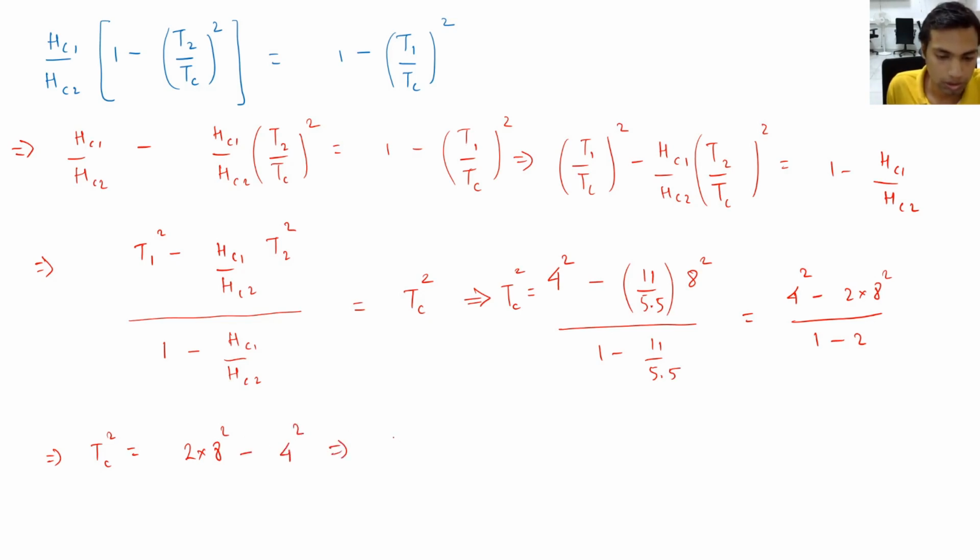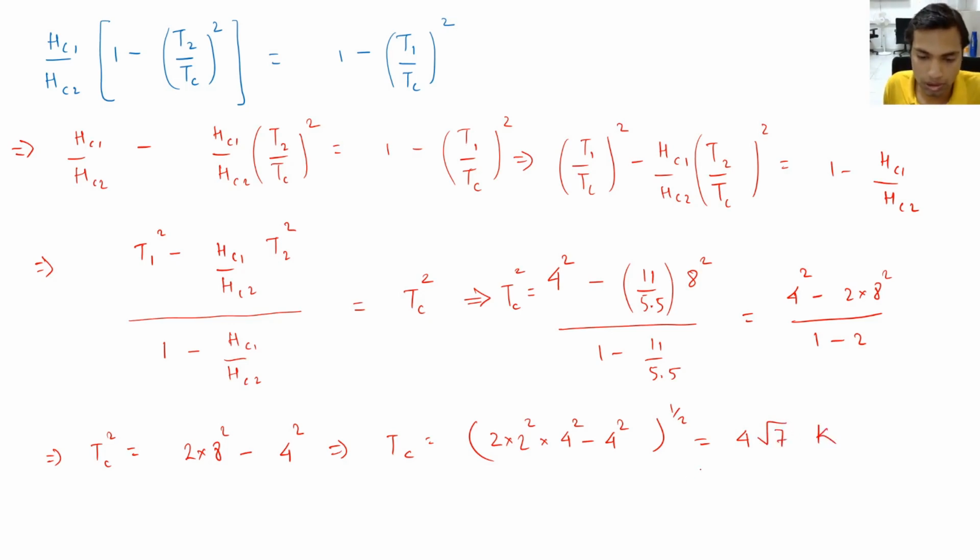This implies Tc is equal to the square root of 2 into 8 square minus 4 square, which is nothing but 4 into root 7 Kelvin.